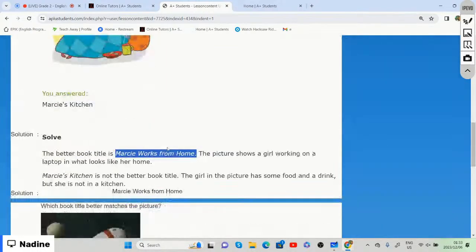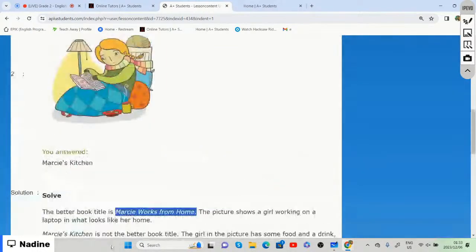So we said Marcy Works from Home. And yeah, it even shows we capitalize the first word, which is Marcy. We capitalize the last word, which is home. And we also underline words that are important, and that is works.